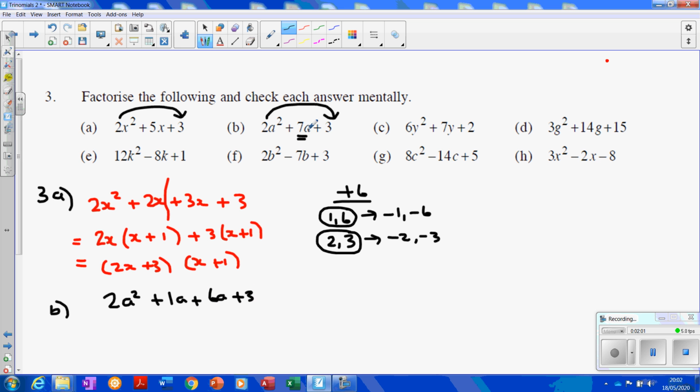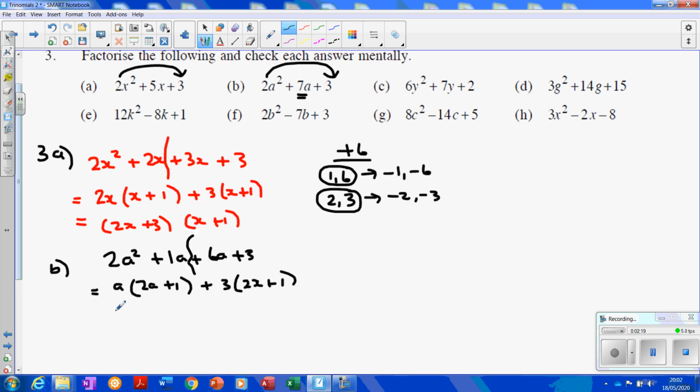So 7a is this 6a and 1a. Split it down the middle. Highest common factor is a, so it's a bracket 2a plus 1. And the highest common factor there is 3, so it's 3 bracket 2a plus 1. Repeated brackets the same, so that's okay. So make up your 2 brackets, so it's a plus 3, and the other one is 2a plus 1. Right, so that should be an a in there, not an x.